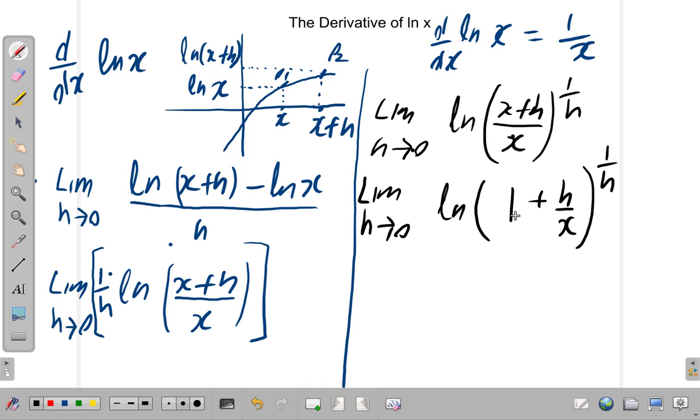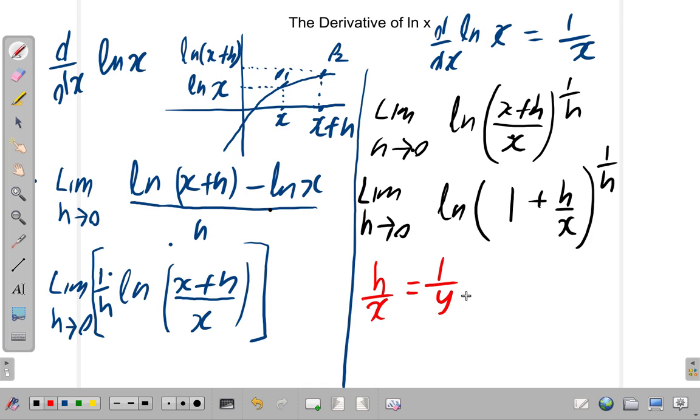Now, suppose you say here that h over x, rewrite it in another form, is equal to 1 over another number, say y.